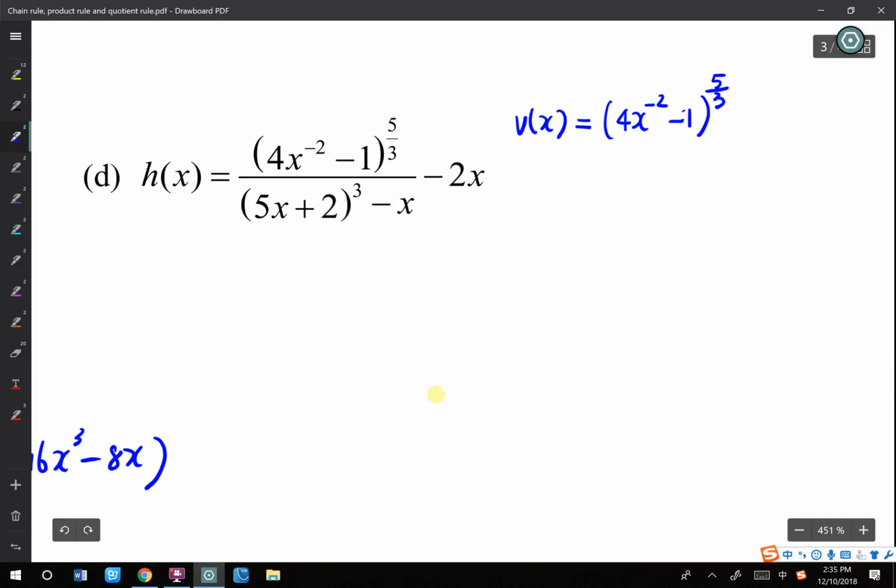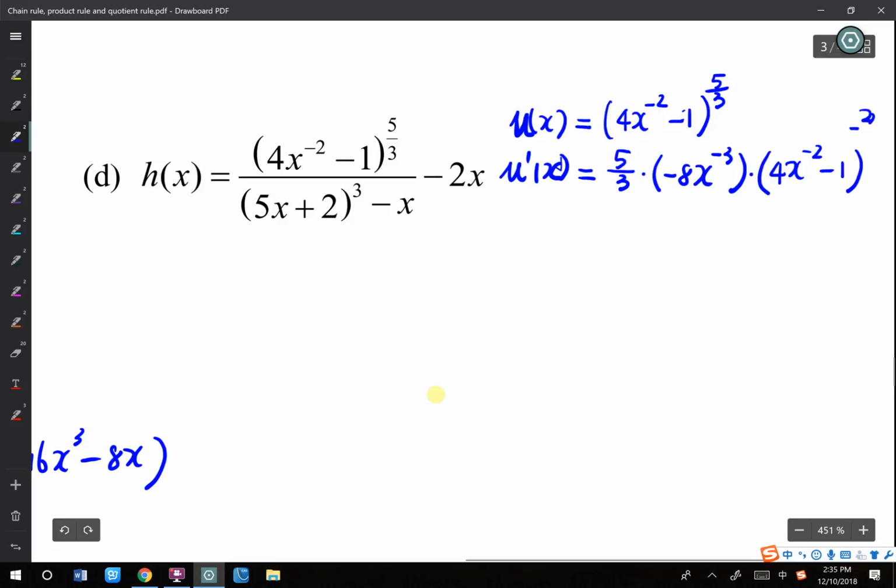So u dash x equals 5 over 3 times minus 8x to the power of minus 3. That's the derivative of the inside, and times (4x minus 2 minus 1) to the power of 2 over 3. It's still positive. That's 5 over 3 minus 1, which is 2 over 3.